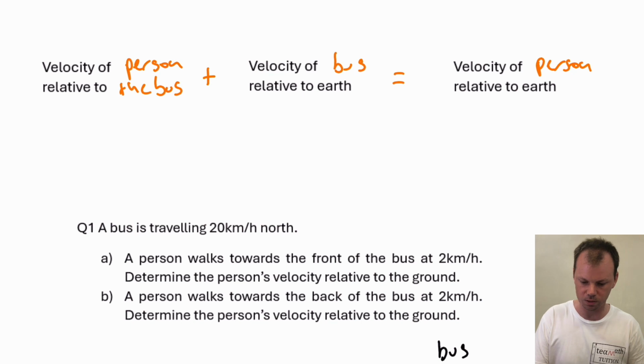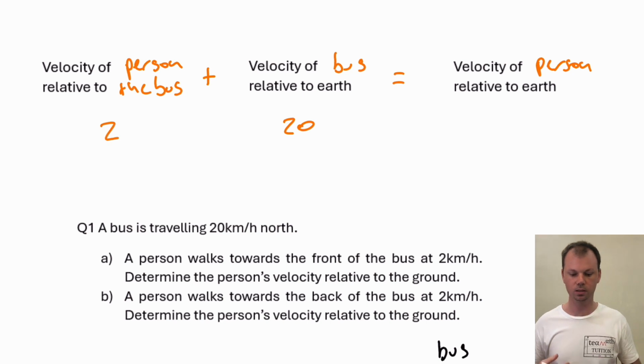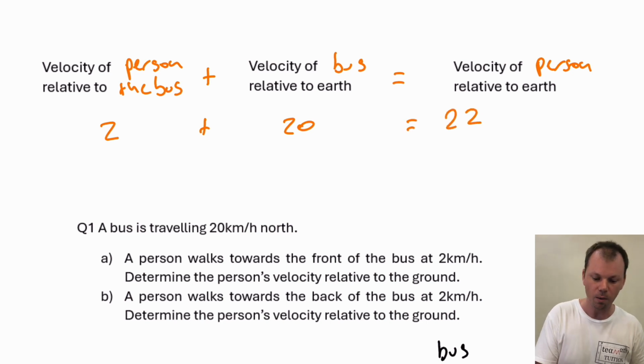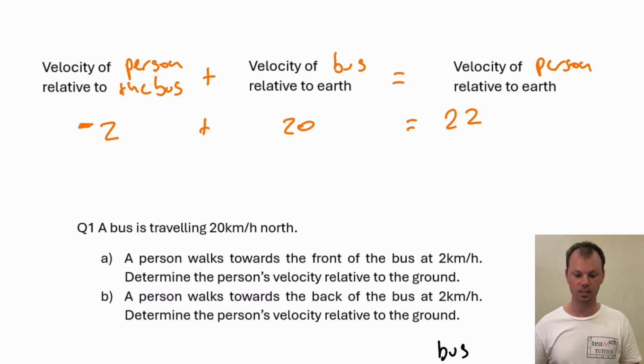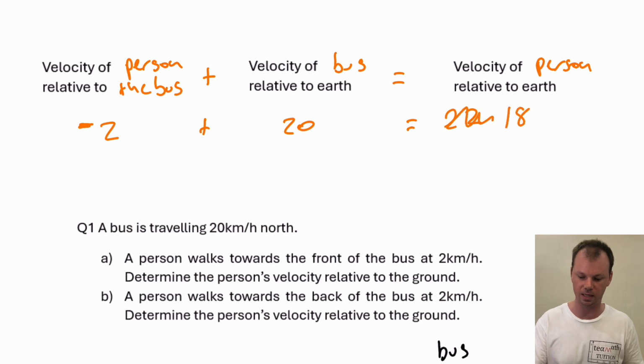So if the bus was doing 20 kilometers per hour north and the person was doing 2 kilometers per hour in the direction that the bus is going, then the person is doing 22 kilometers per hour relative to the earth. However, if the person was traveling in the opposite direction of the bus, then we have -2 plus 20, which will give us 18 kilometers per hour.